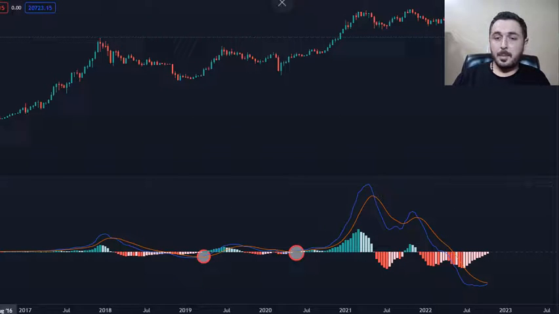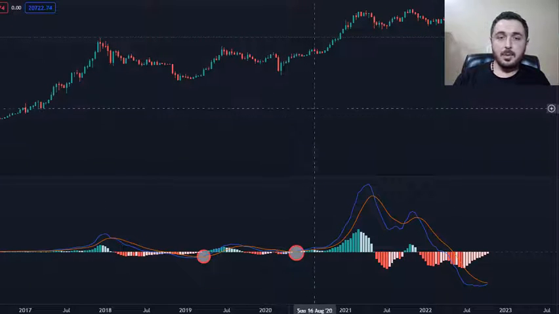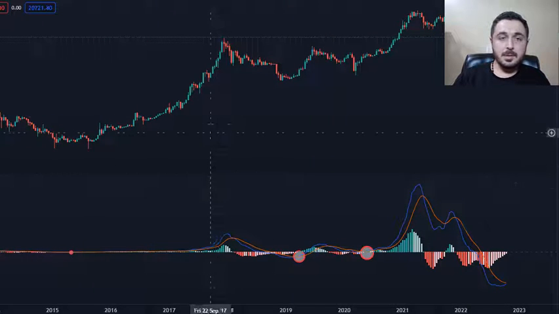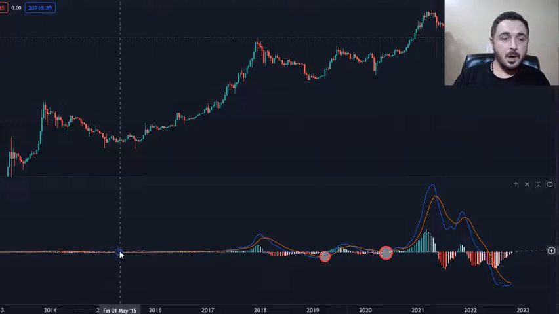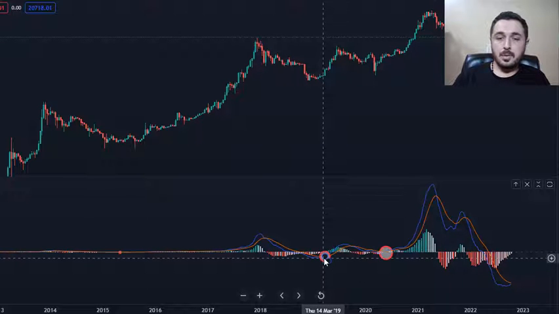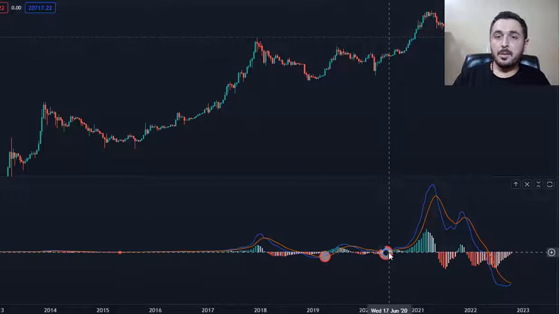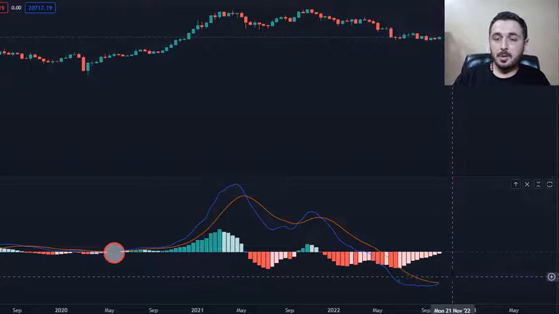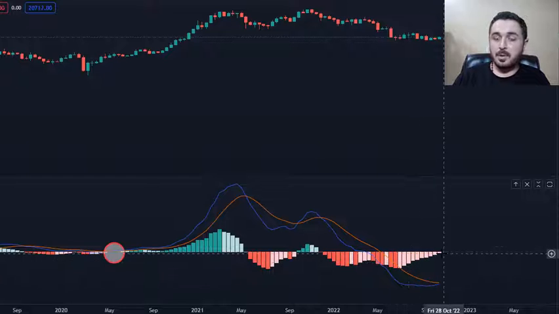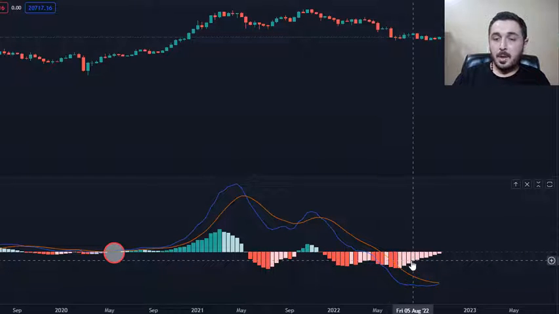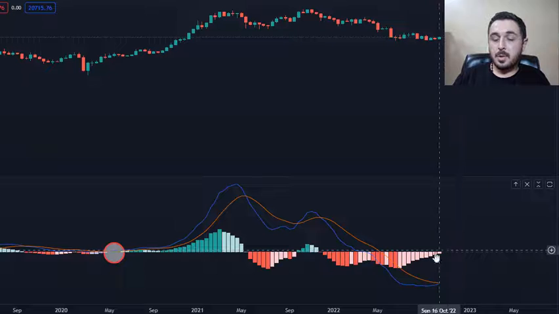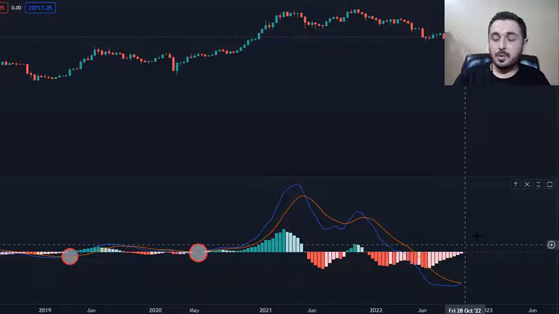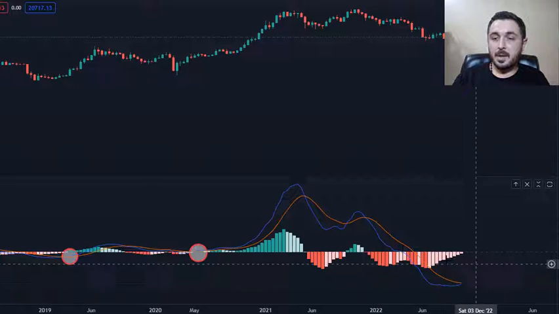Looking at the MACD on the 12-day chart, we had only 3 crosses in Bitcoin's history. 1 over here, 2 over here, and this is the 3rd cross, and we're getting closer and closer to our 4th cross, which is a good sign. You also want to see the histogram becoming smaller and smaller and turning into white colors, and then watch for confluence after a cross.